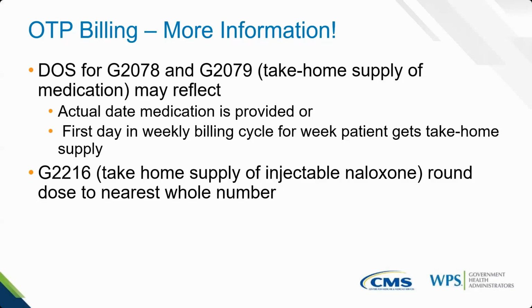Some common questions that we've seen with these codes, so we just wanted to mention that here. And then the second thing is for G2216, so this is a take-home supply of injectable naloxone. When you use this code, round to the nearest whole number. So just another tidbit for billing on this one.